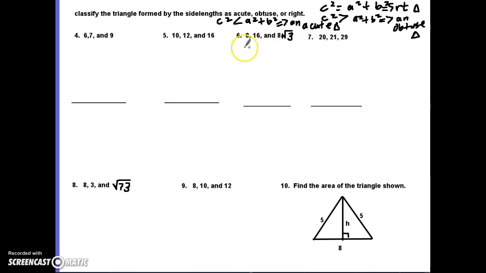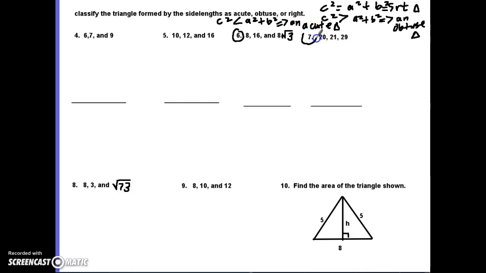So in looking at these possible side lengths, our task is first and foremost to identify the c. Which of these would be the c? I'm going to leave this one for you to do as an assignment to practice, and you're going to need your calculator also.